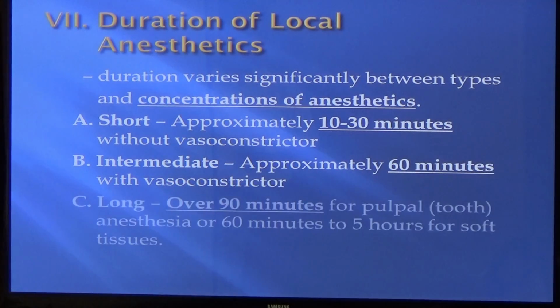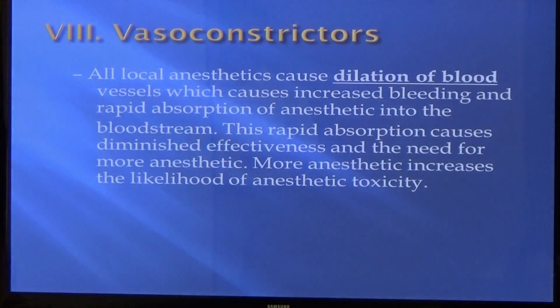Intermediate, about an hour with, and long, about 90 minutes. This is tooth anesthesia. And again, on the soft tissue, it lasts longer. This is usually the one that we use, about 60 minutes, but it'll last 2 to 3 hours in the soft tissue. So we normally get about an hour of anesthetic with the 2% lidocaine.